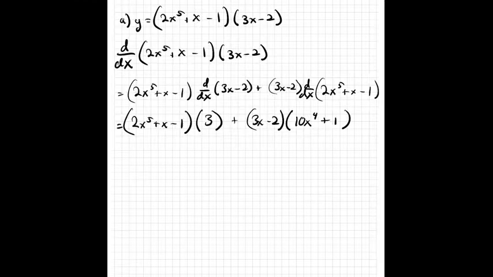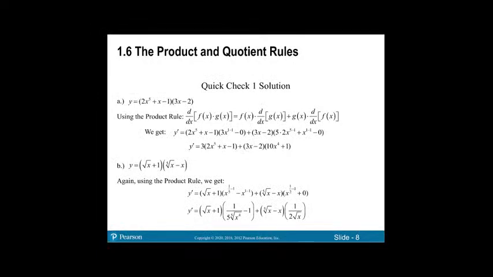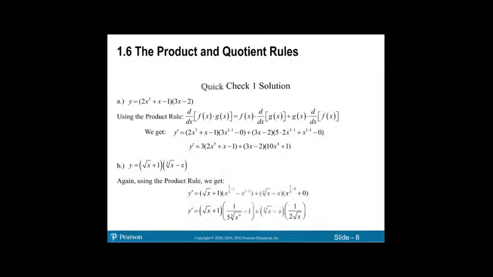I mean, we could expand it out, but I just want to kind of match what they did. Let me see what they do. 2x to the fifth plus x minus 1, 3x minus 2, 10x to the 4 plus 1. Okay, so that one's good. We're going to leave that right there.